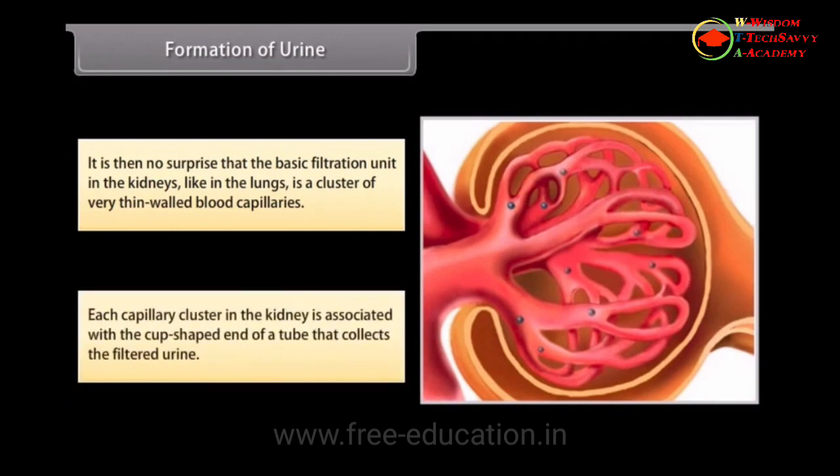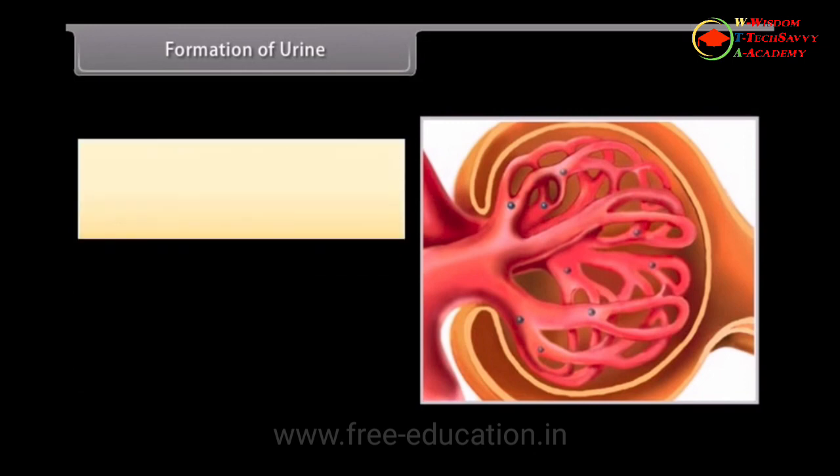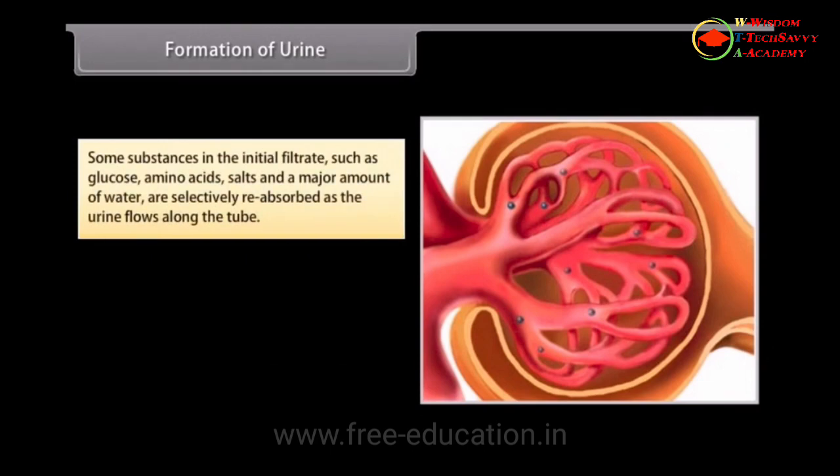Each capillary cluster in the kidney is associated with a cup-shaped end of a tube that collects the filtered urine. Some substances in the initial filtrate, such as glucose, amino acids, salts, and a major amount of water, are selectively reabsorbed as the urine flows along the tube.